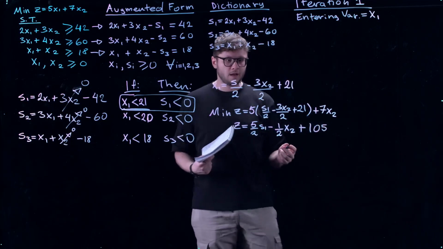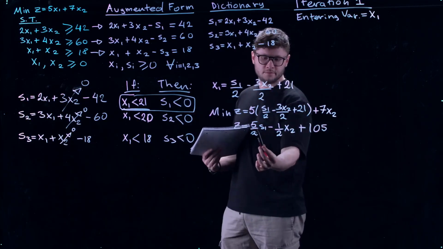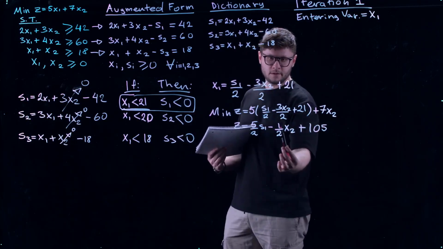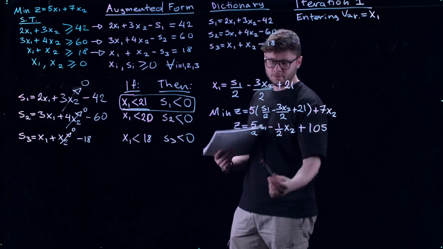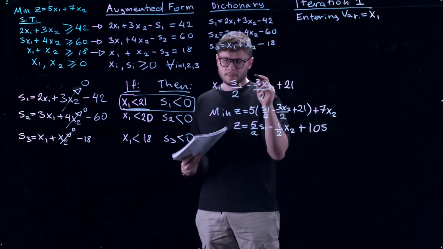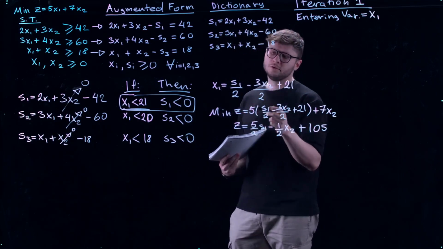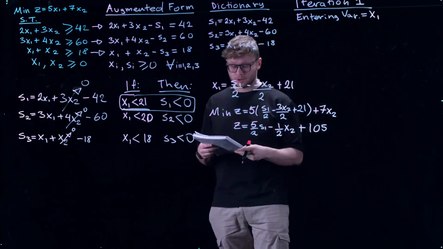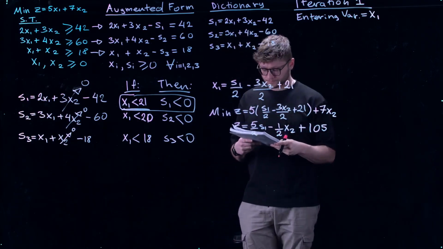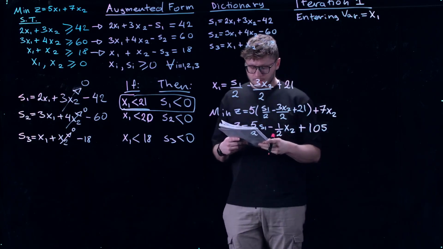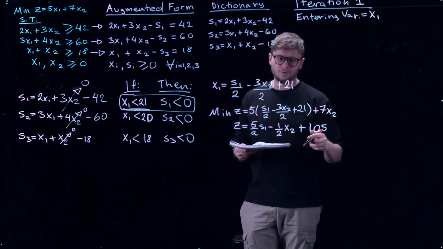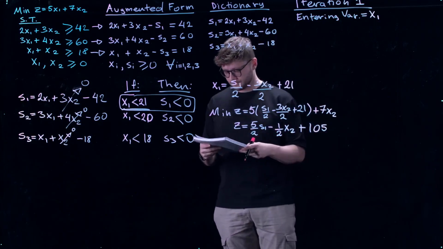So I think we can agree that because of this negative coefficient on x2, x1 equaling 21 is not an optimal solution. And thus we need to do another iteration.